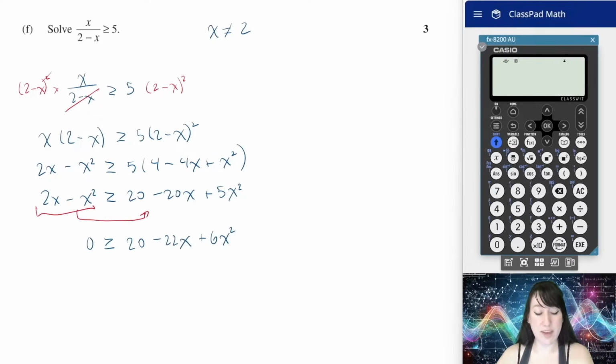And let's do ourselves a favor, flip this around, and also divide through by 2. Okay, so we'll have to solve this quadratic, find out when it's equal to 0, and then see when it's less than or equal to 0. Now, it's non-monic, so we want two numbers that multiply to 30 and add to -11. -6 and -5 will do the trick.